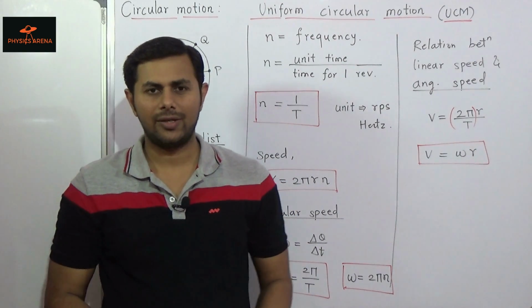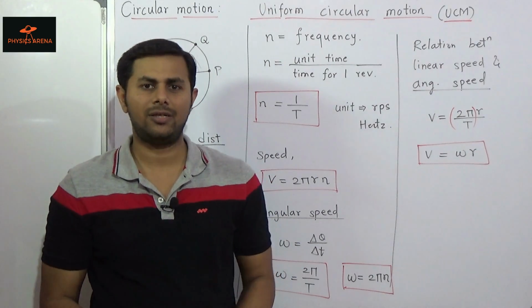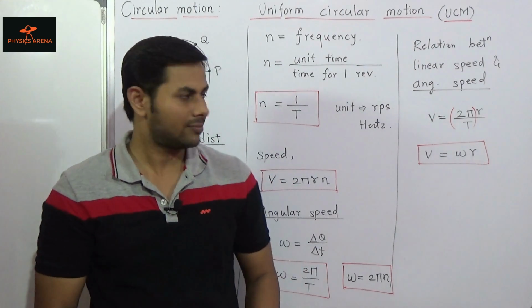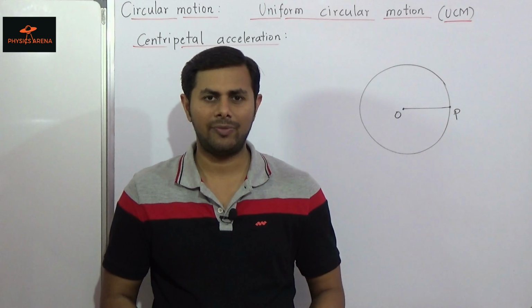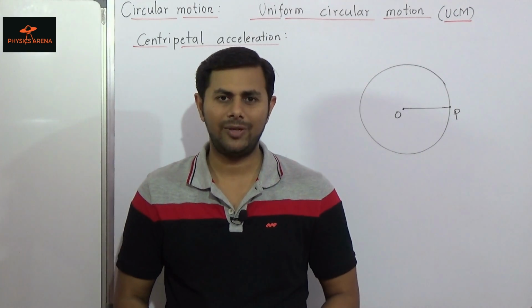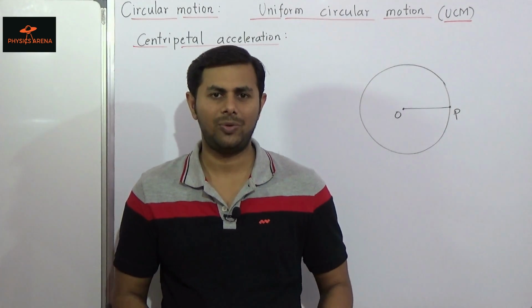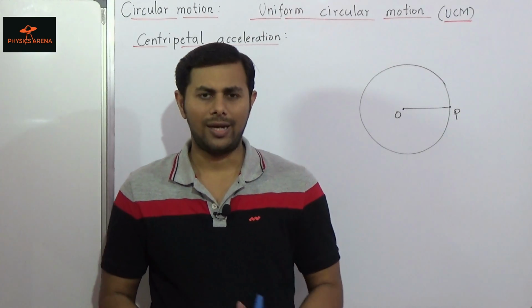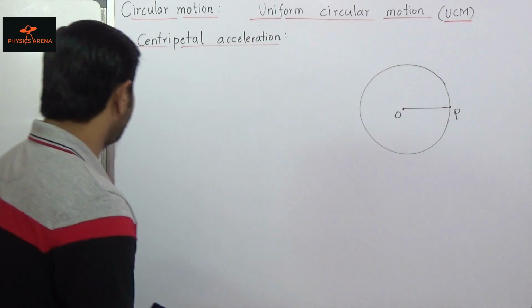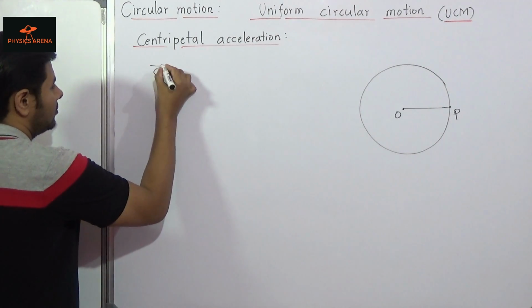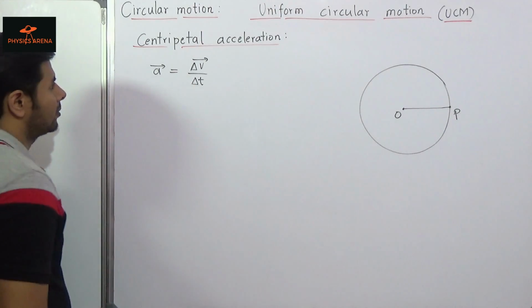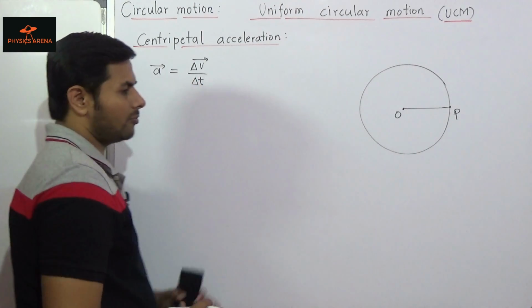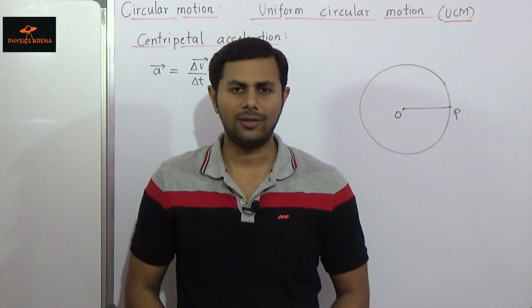Now let's check whether there is some acceleration in uniform circular motion. So one might ask, if the speed of the particle in UCM remains constant, why should there be any acceleration in uniform circular motion? Answer to that is, we define the acceleration as change in velocity over time, and we know that the velocity is a vector quantity.